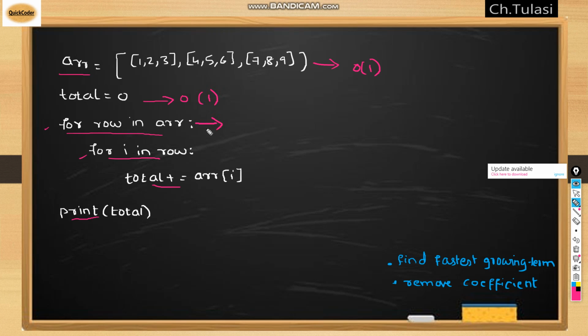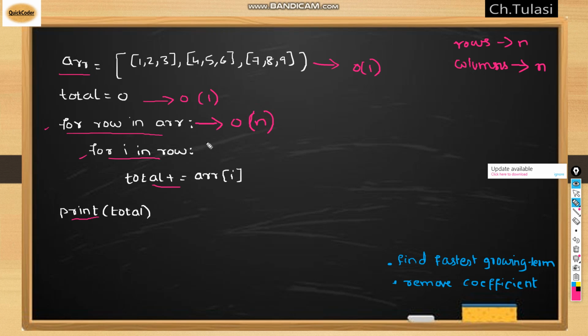This for loop travels up to O of n. For example, we can consider the number of rows is equal to n and the number of columns is equal to n. In this case, say 3 rows and 3 columns.